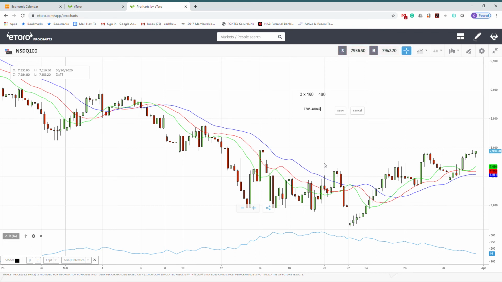Okay, so it will be 7305.58. Yep. So this will be your stop loss if you open a long position here on the 4-hour chart.